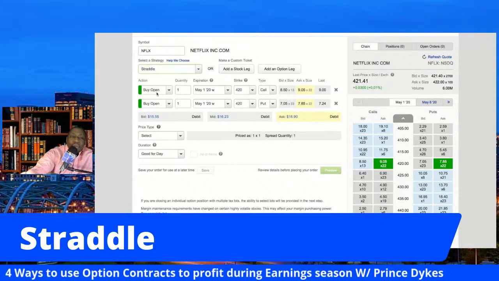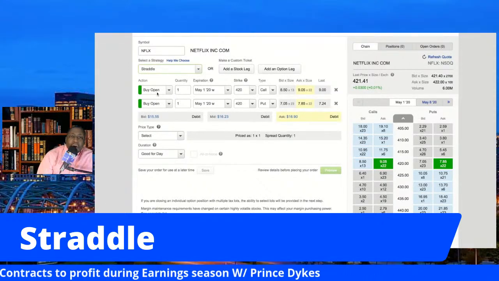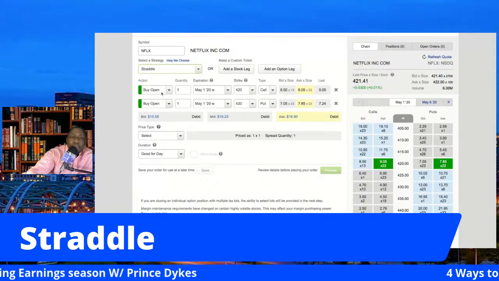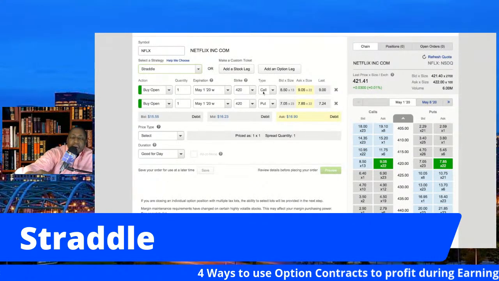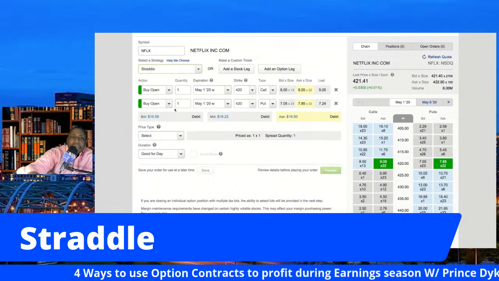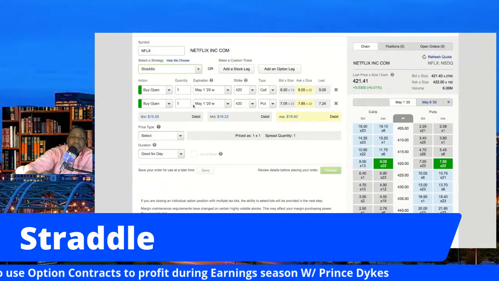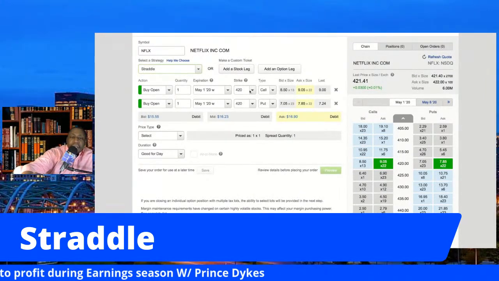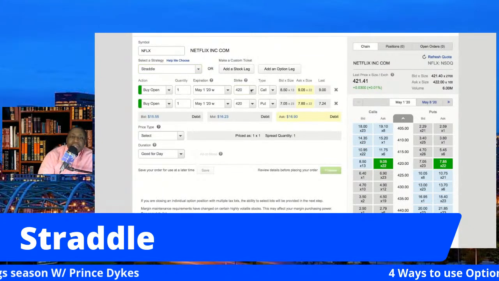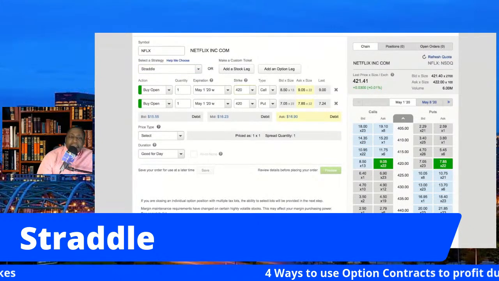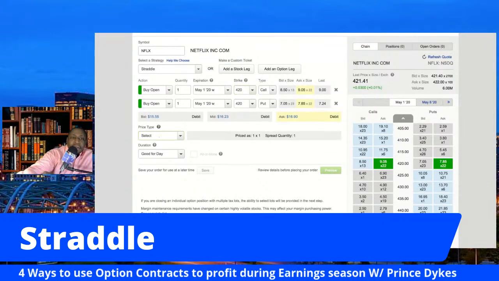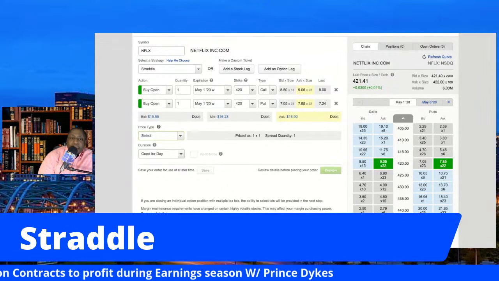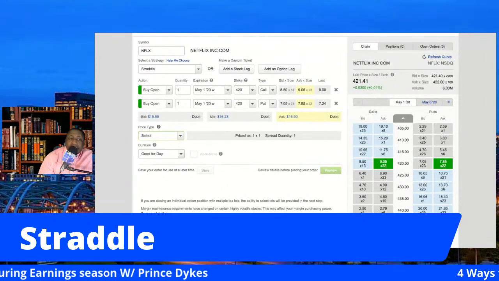So what it's going to do, it's going to buy open one call, expiration May 1st at the 420 price call. And then it's going to buy a put, 420. Now you can change this around if you want to. Some people change it around. When a person goes down here, they hit the market, and it's going to tell you how much that's going to cost.